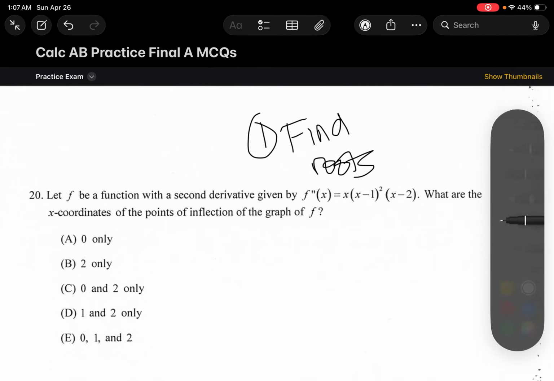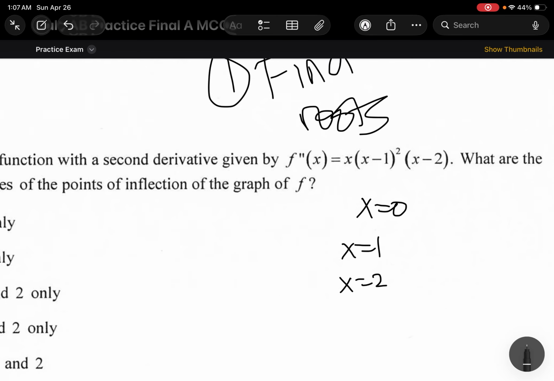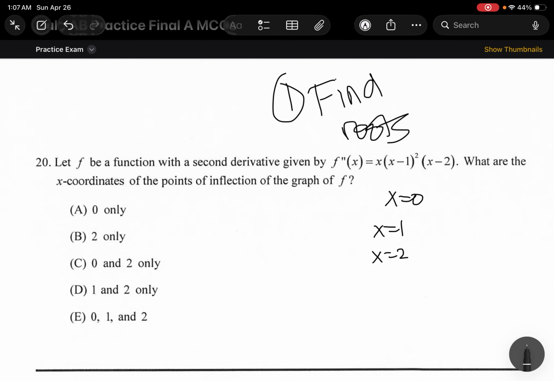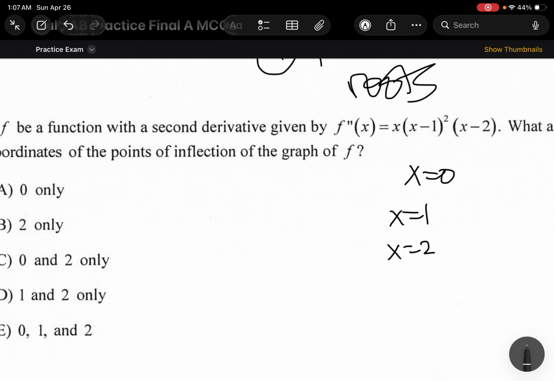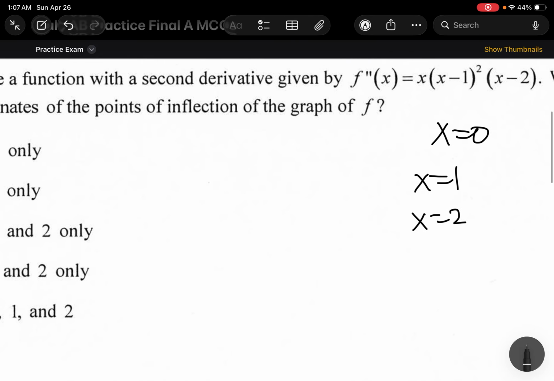So here you go. These are all possible points of inflection.